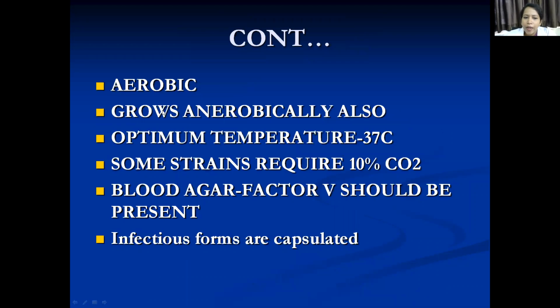Then they are aerobic and can also grow in anaerobic conditions. The optimum temperature for their growth is 37 degrees centigrade, and some strains require 10% carbon dioxide. Blood agar has only factor V and is not having factor X, so Haemophilus cannot grow well in blood agar.